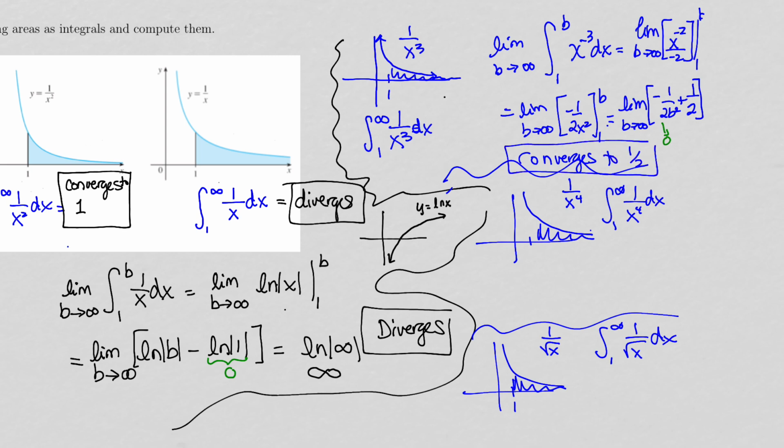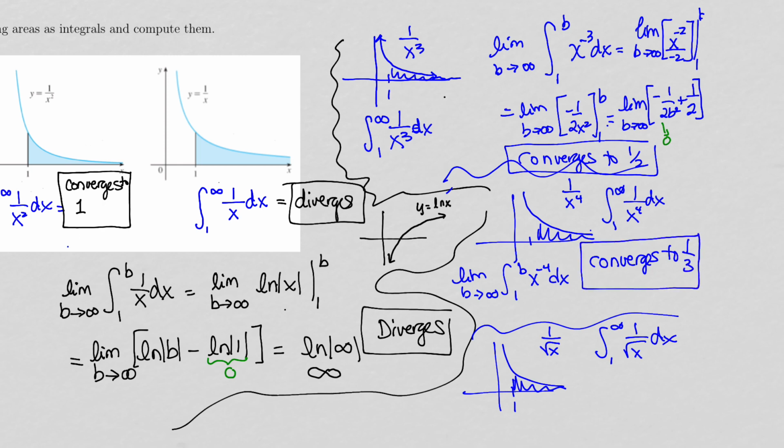That's kind of cool that you figured that out. What did you guys get with the 1 over x to the 4th? What did you get as b goes to infinity? Like the final answer. 1/3. Did you get that, James? That it converges to 1/3?